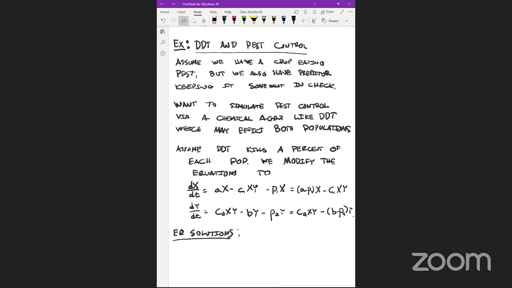Our equilibrium solutions now are going to be (0, 0), and our other equilibrium solution is going to be (b plus p2 over c2, a minus p1 over c1).